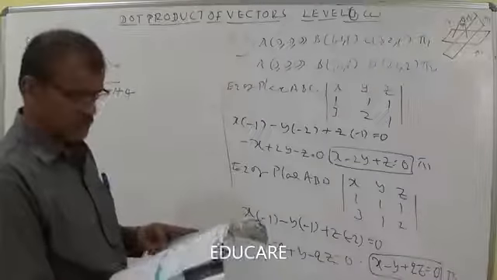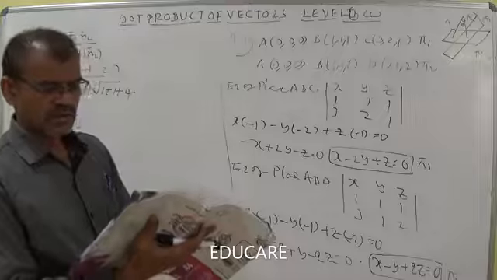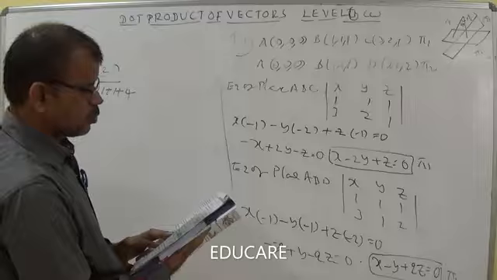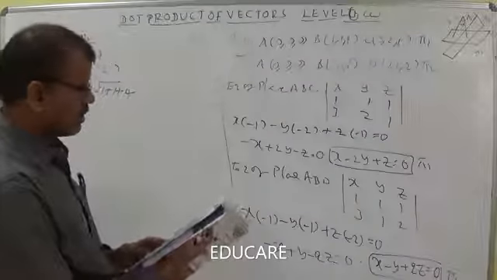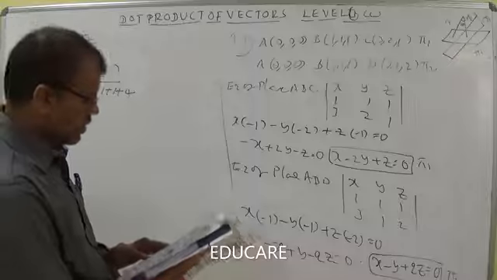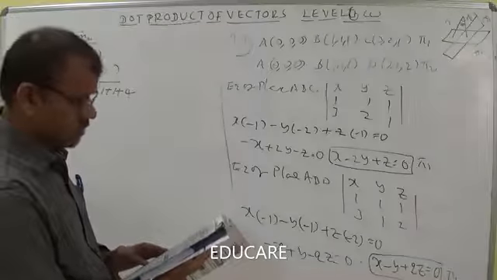We found the equation. He has given the option as the vector he got, minus x plus 2y minus z. Yes, he got the answer, x minus 2y plus z, it's okay. x plus y minus 2z he got.